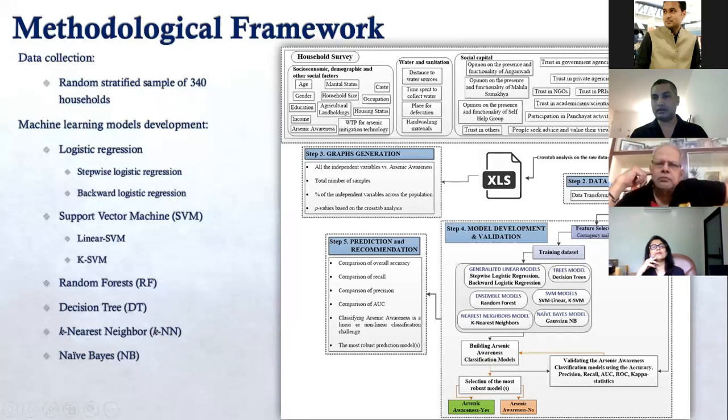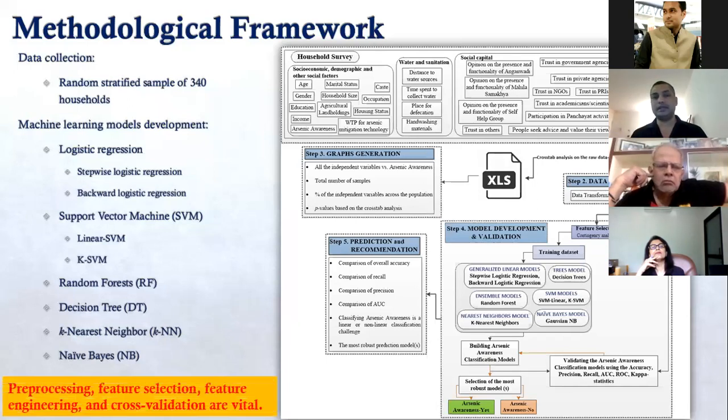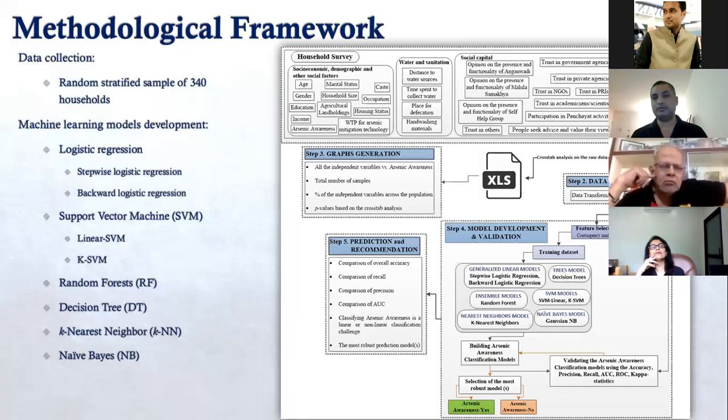For the model development, I used one of the most widely used statistical tools, or you can say data mining tools, called RStudio. These days, people use Python because Python has other advantages over RStudio.